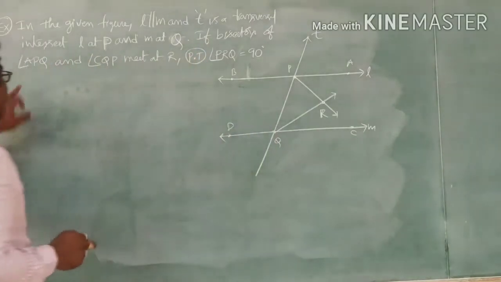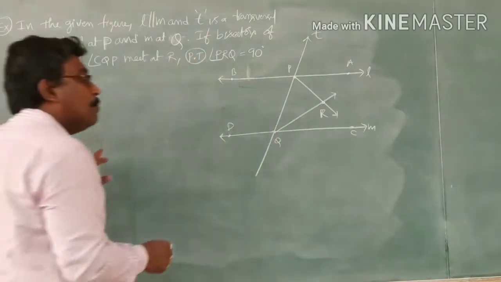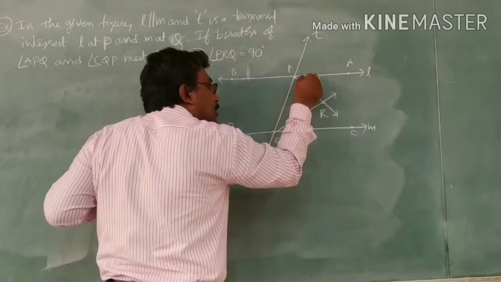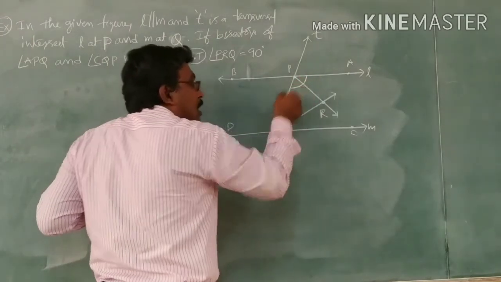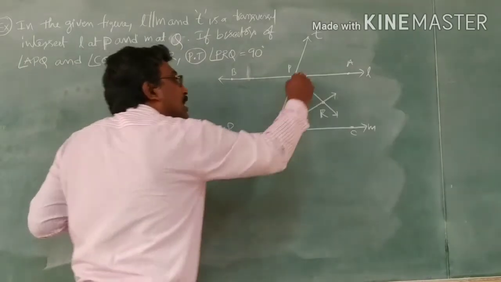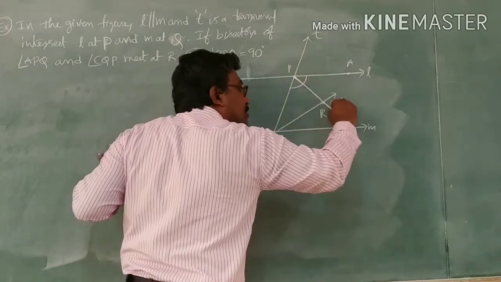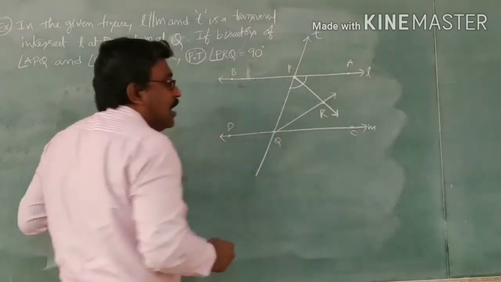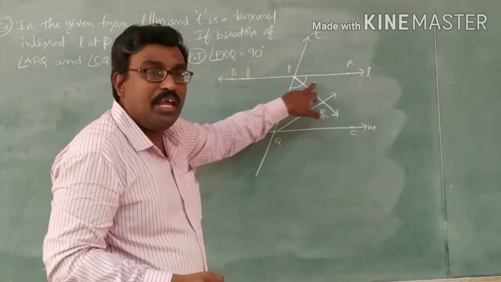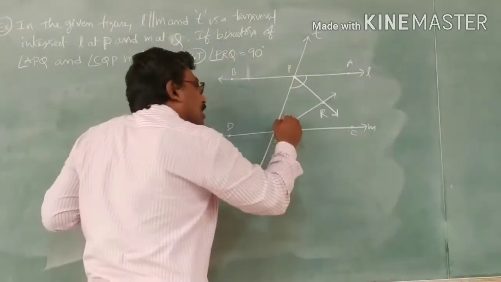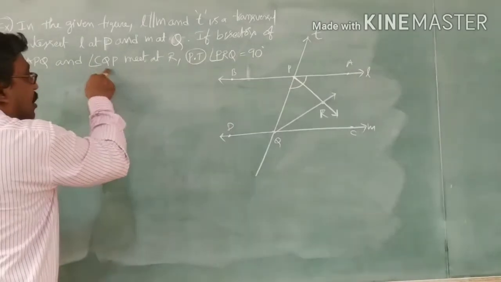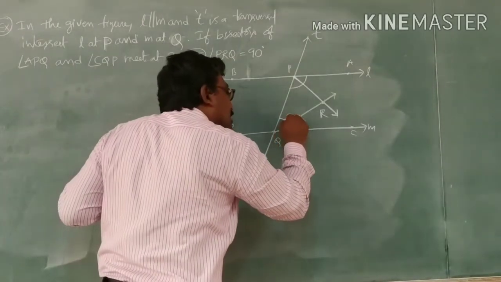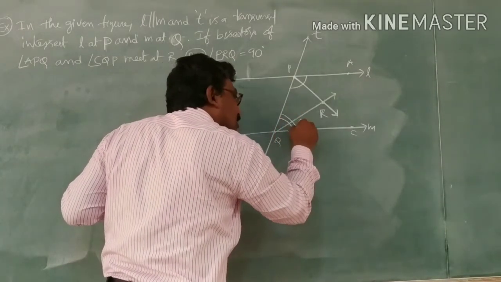If the bisectors of APQ, that means angle APQ, this angle APQ is bisected, that means divided into two equal parts. These two are equal. And here CQP is also bisected.